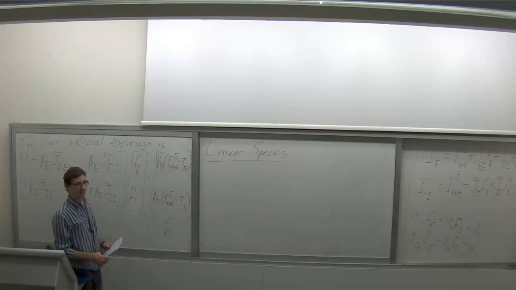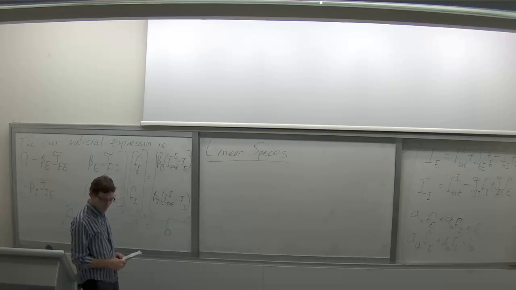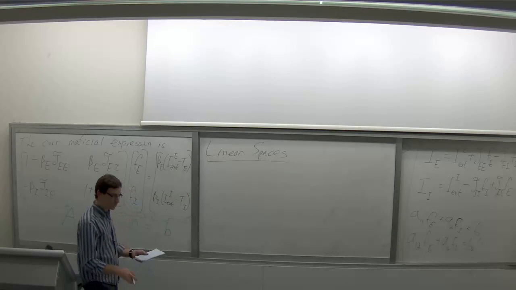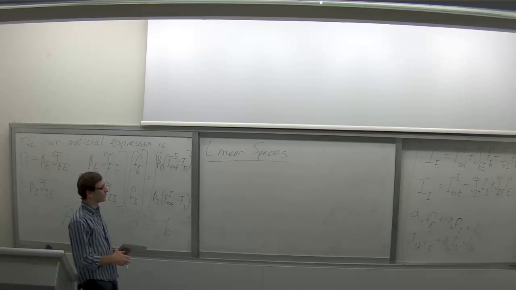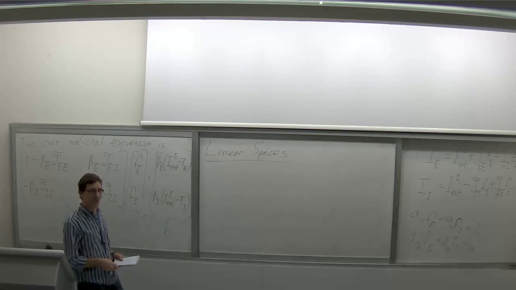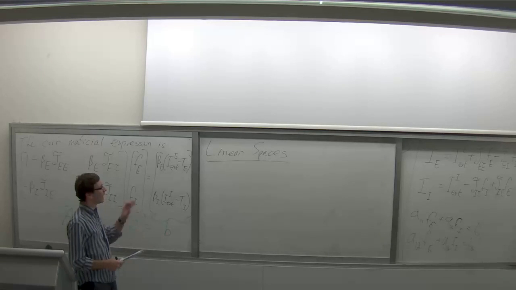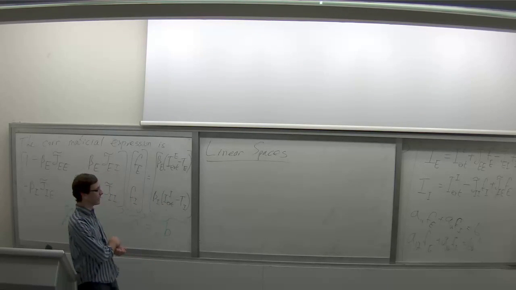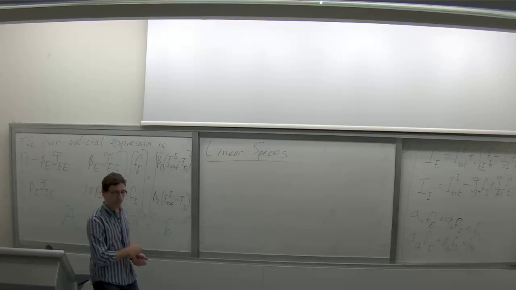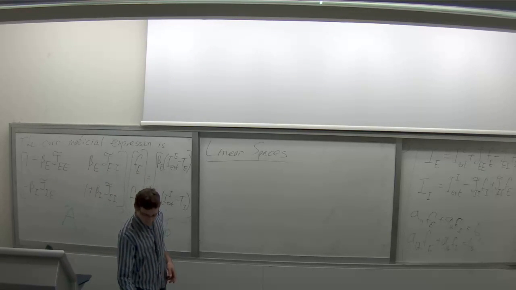A lot of things we did belong to entities called linear spaces. Now I'm going to give you an abstract definition of what a linear space is, and then we'll see examples, and we'll start to develop the theory of linear spaces.